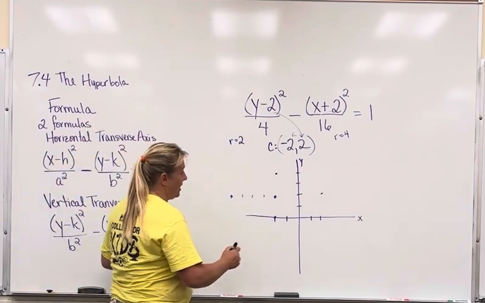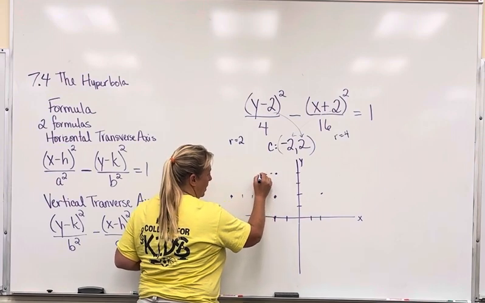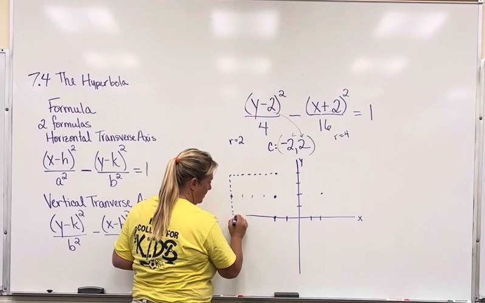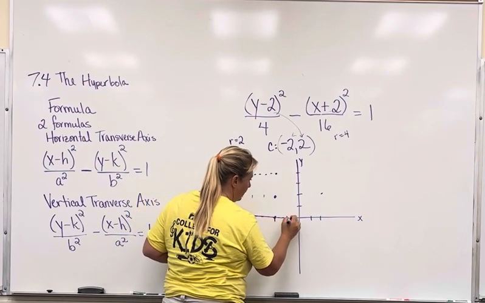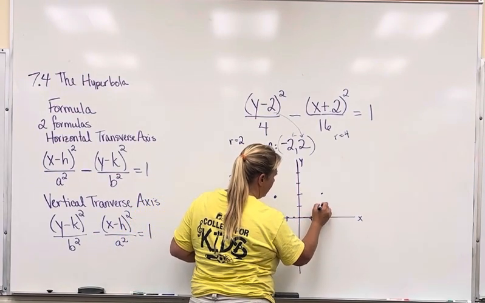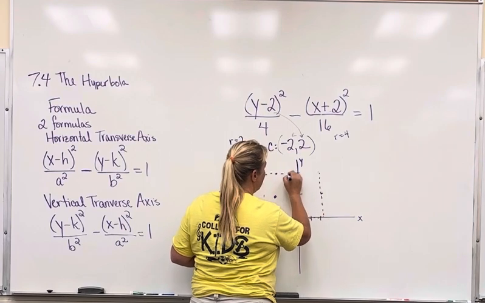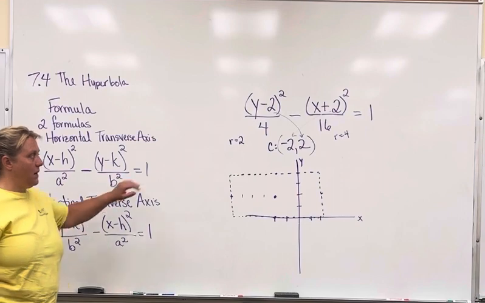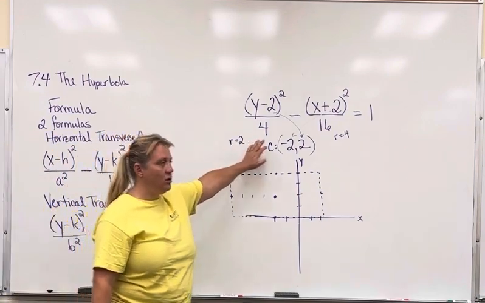We're going to draw that guide box first. So we're going to draw the box that goes through these points. Okay. So that's how we get our guide box, is by using the center and then the two radii.